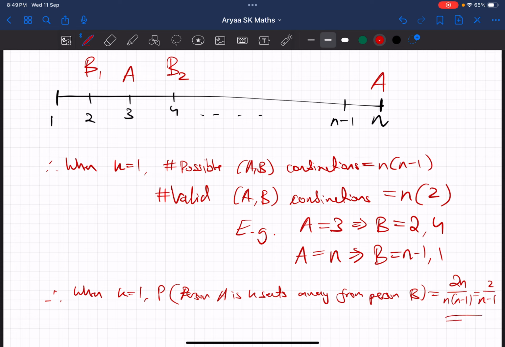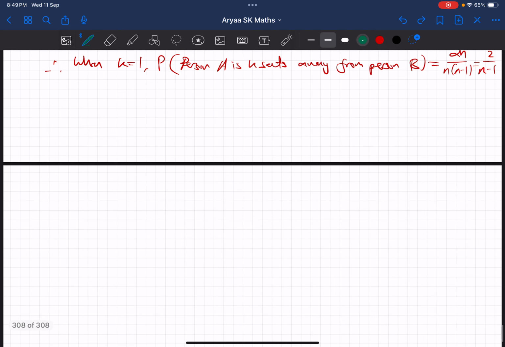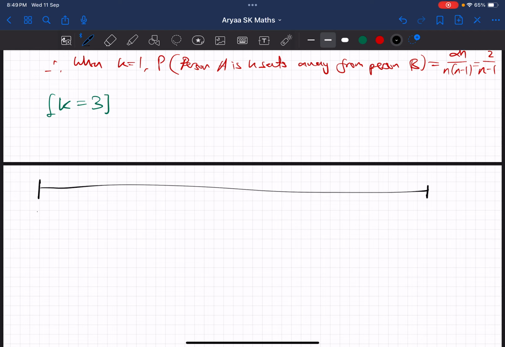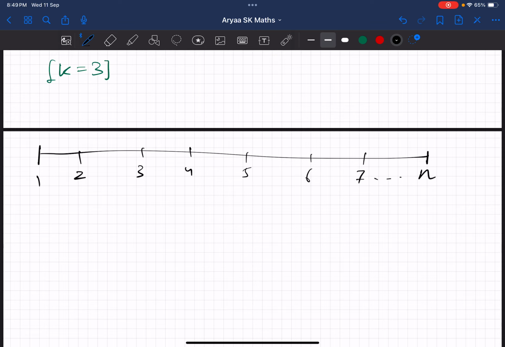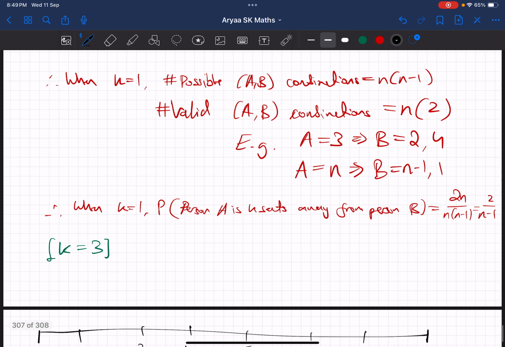Now it'll be interesting to see whether this lines up for other cases, but let's pick a slightly more complex case. So let's say when k equals 3. Now we can actually think about it in the same kind of way. 1, 2, 3, 4, 5, 6, 7, all the way up to n. So wait, let's just make sure that we're not missing any solutions here.